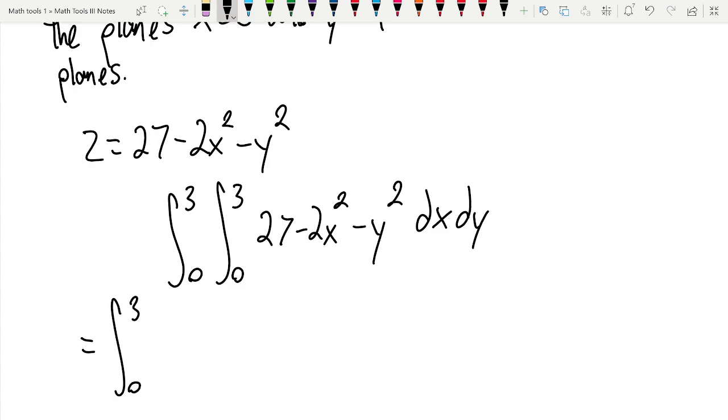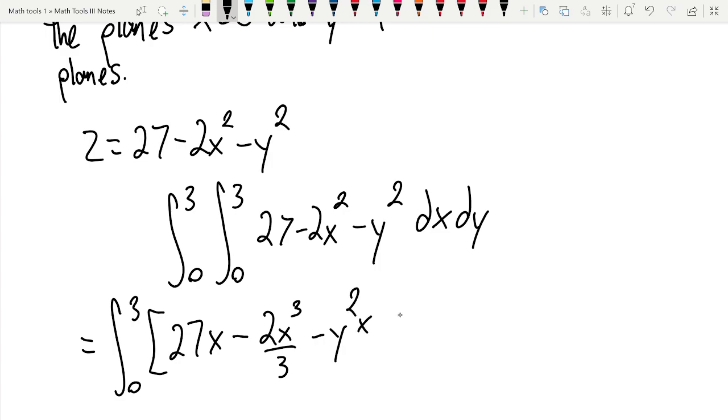So we got the integral from 0 to 3 of 27x minus 2x cubed over 3 minus y squared x. I think it's easy to forget that this is a constant, so we got to put an x on the end of it, from x equals 0 to x equals 3, dy.